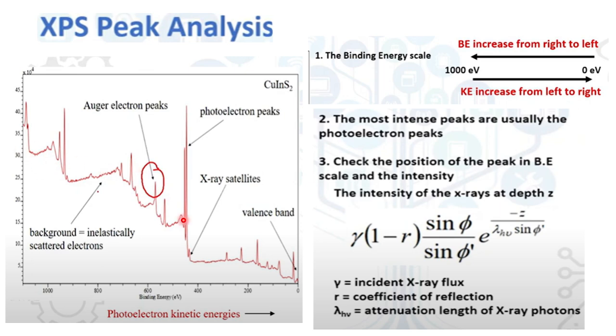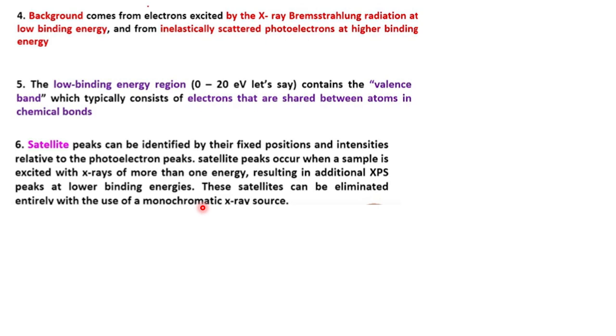So everything you will get, but you have to fit it. What we used to do after getting the XPS data is fit it based on what we need, through different software available. The background comes from electrons excited by the X-ray bremsstrahlung radiation at the low binding energy, and from inelastically scattered photoelectrons at higher binding energy.